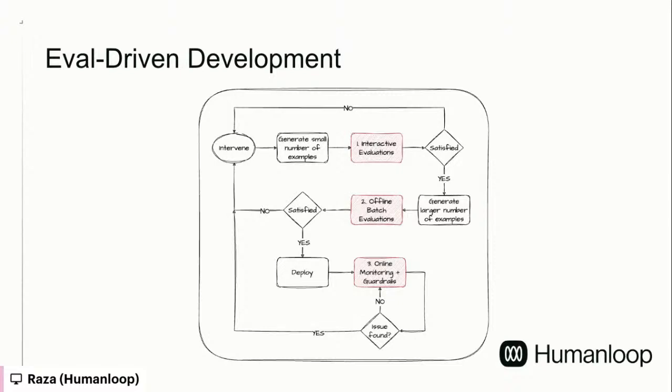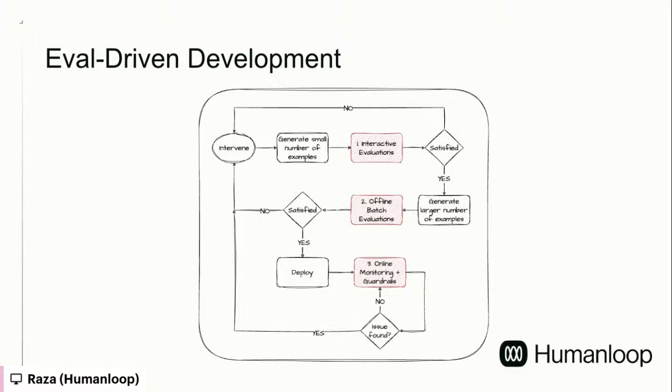But you very quickly want to move from that sort of vibe-based analysis to something much more concrete, which is offline batch-based evaluation, where you're going to have a data set, you're going to have a systematic set of evaluators, and for every major change you're making to the system, you want to be able to get quantitative feedback. And then finally, once you're in production, you still want to be monitoring the same types of metrics that you set up during development in production.